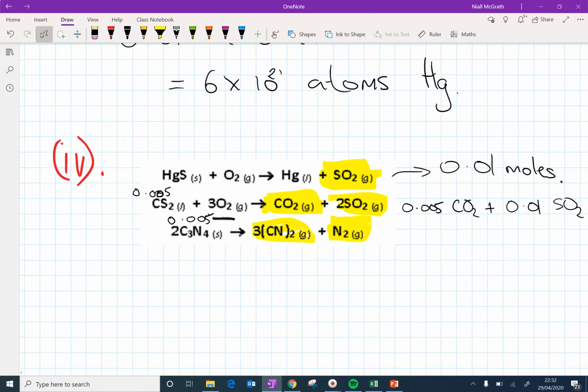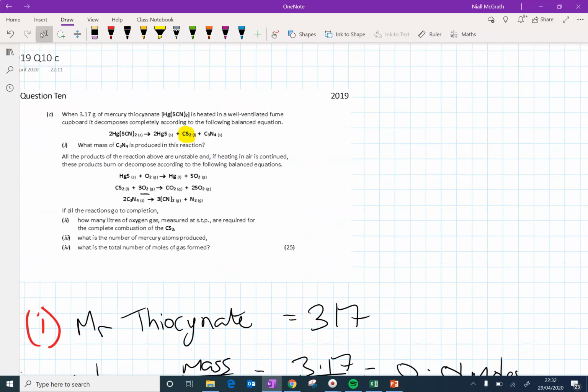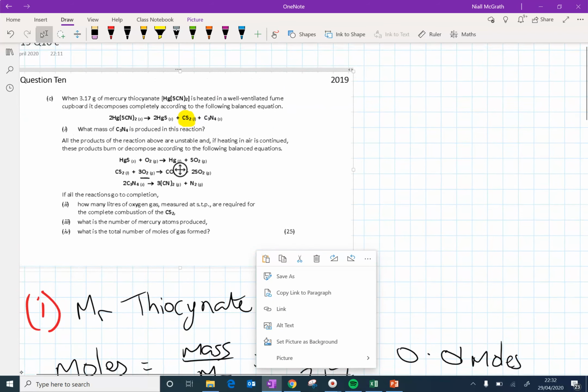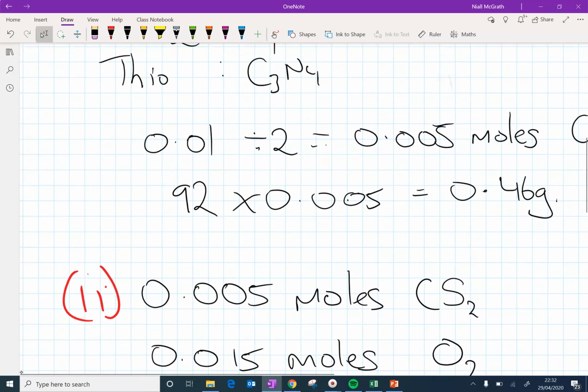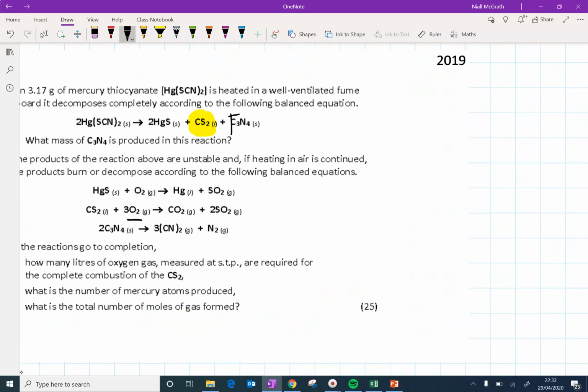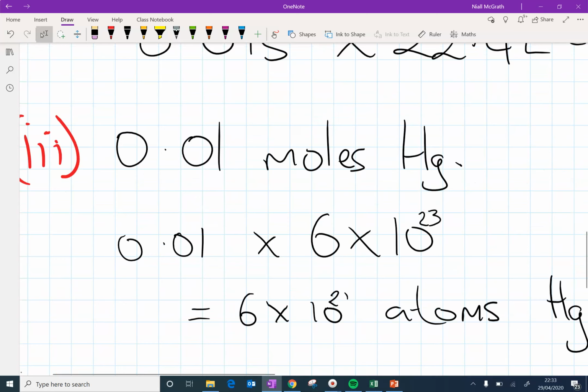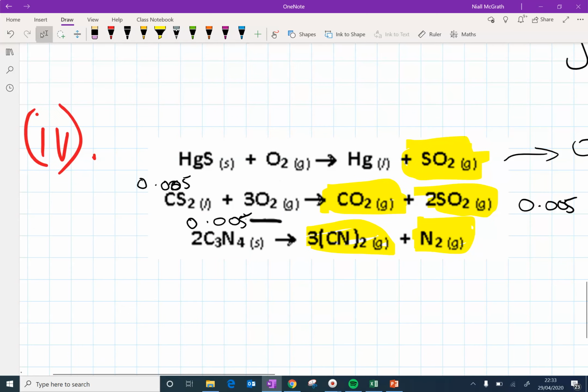It might be a little bit confusing because up in the original equation, C3N4 was just one C3N4, and that was worth 0.005 moles. Down here it's exactly the same. Even though it has a 2, we still only have 0.005 moles of it.